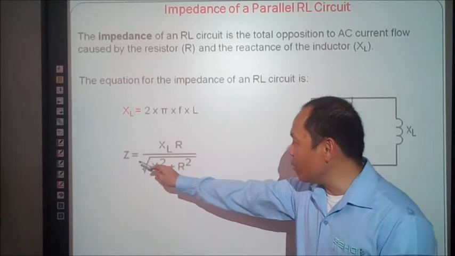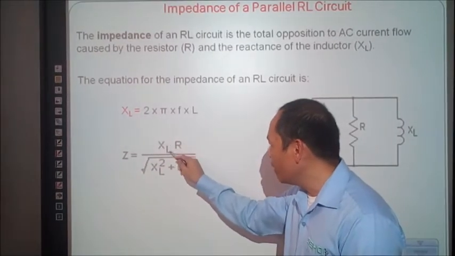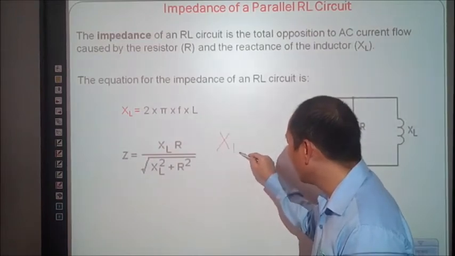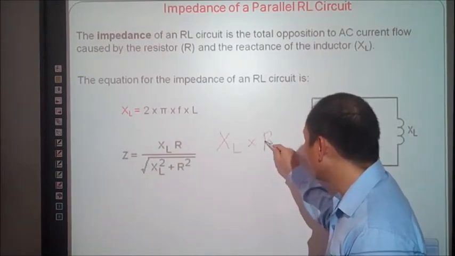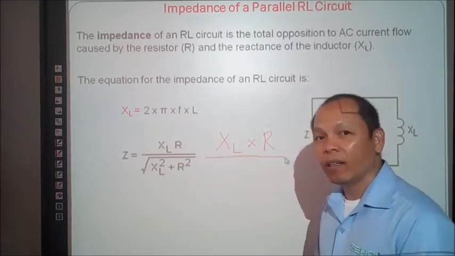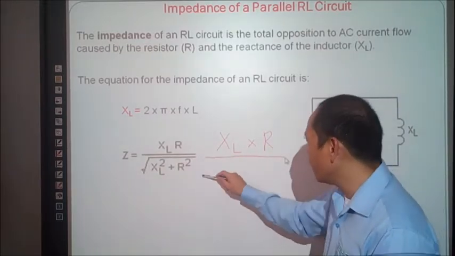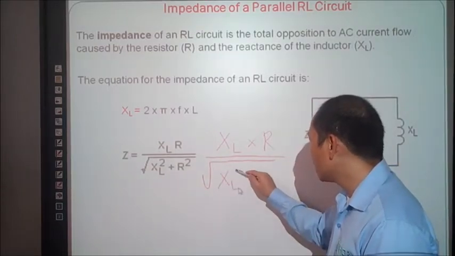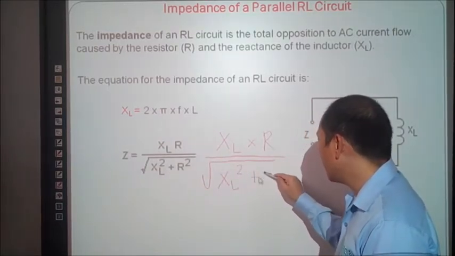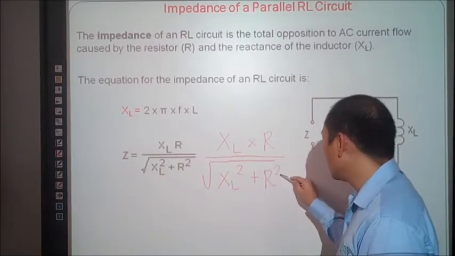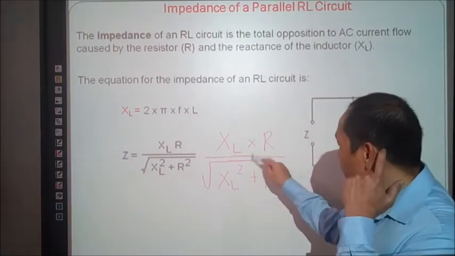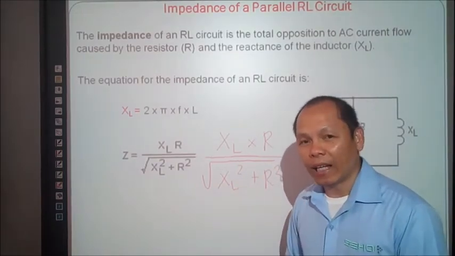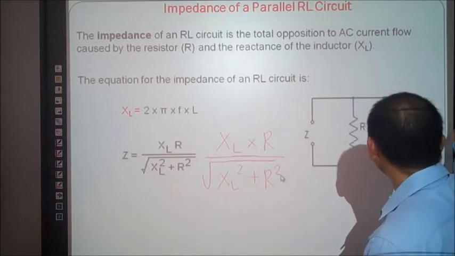This is the formula: Z is equal to XL times R divided by the square root of XL squared plus R squared. So this is the formula to solve for the impedance in a parallel RL circuit. Okay, so let's have an example.